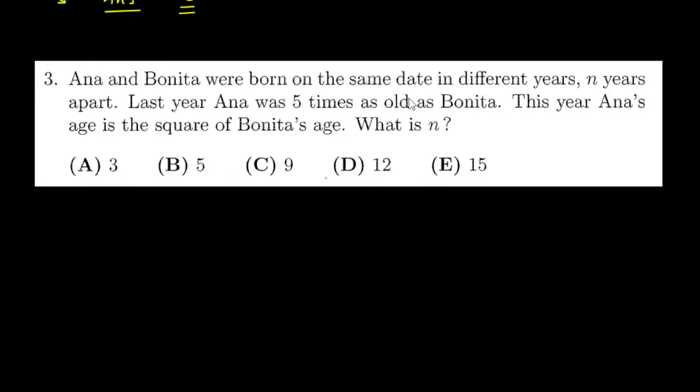Now what is said is that last year Anna was 5 times as old as Bonita, and this year Anna's age is the square of Bonita's age. So what is n? Again, take 1 minute and try to understand how you can solve this problem.